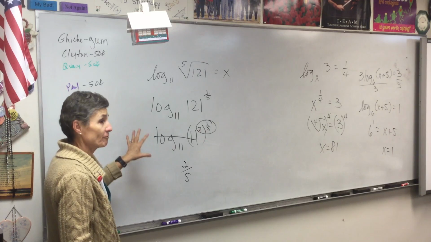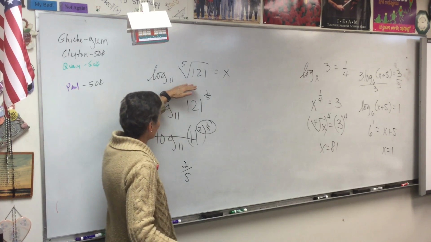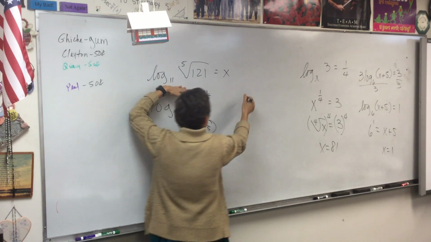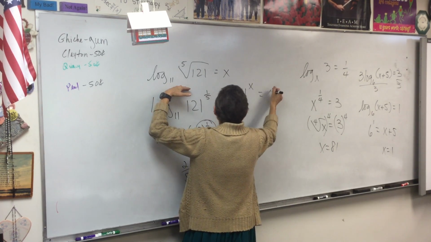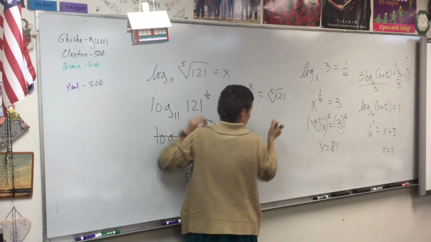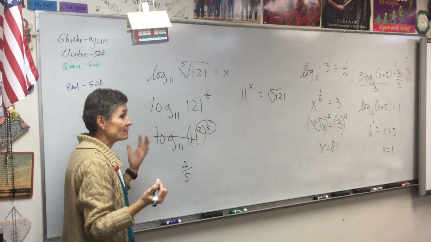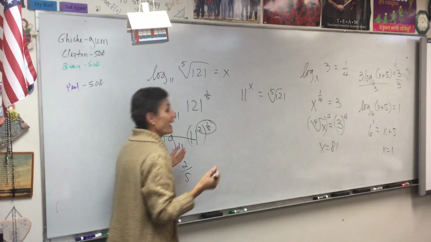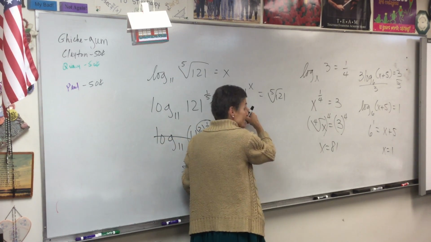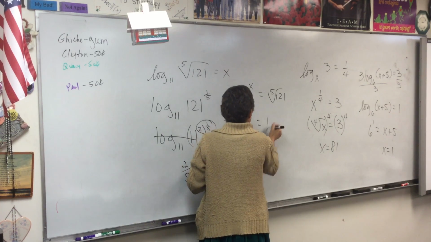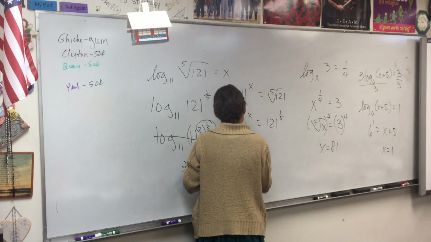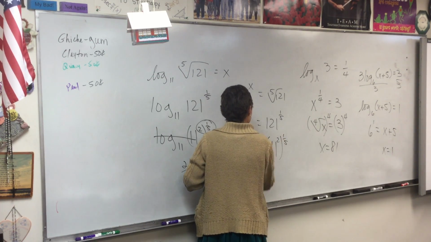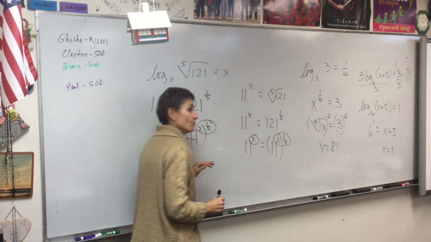Now, you don't have to do it that way though. You could go right back to the beginning and do what we've been doing and say 11 to the x equals the 5th root of 121. But even at this point, you don't have a calculator. So you've got to have both of these be 11s. So you'll think of this as 121 to the 1/5, and then think of it as 11 squared to the 1/5, and then x equals 2/5.